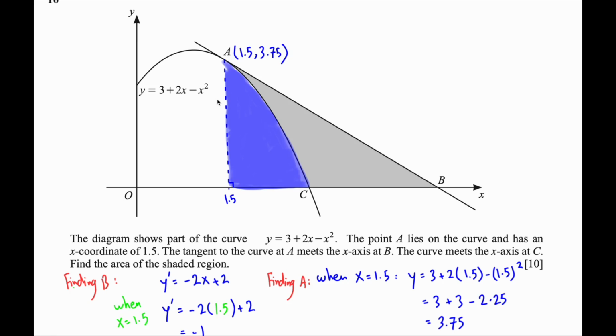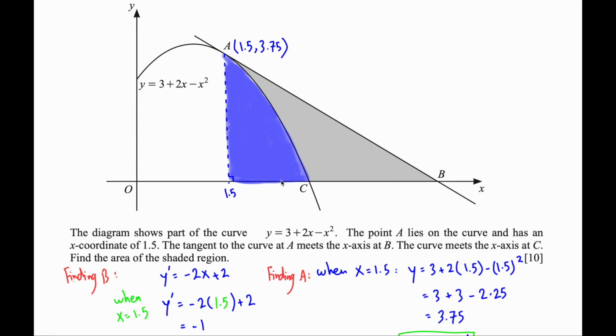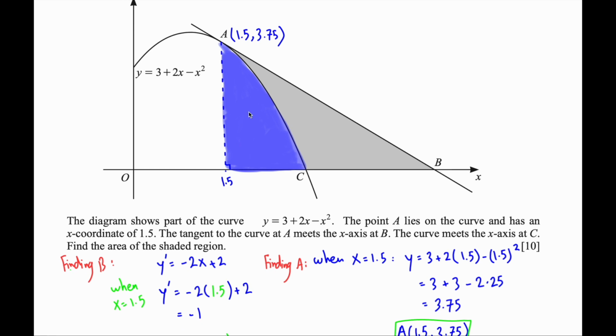So basically A all the way here, all the way to B, and then I'm gonna subtract this shaded region, the one that I shaded in purple, and that's gonna leave me with the value of this shaded region, which I'm asked to find. However, in order to do that, I need to know the y coordinate of A, that's gonna be the height of my triangle, and I need to know the x coordinate of B, because I need to know the value of the base of my triangle.